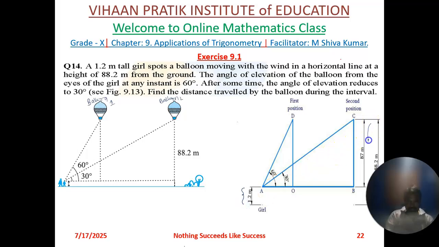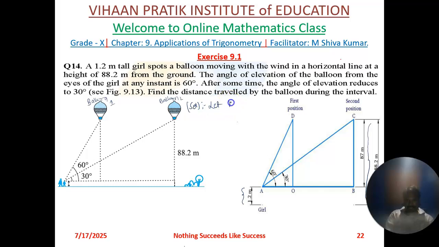The angle of elevation starts from her eye, so the horizontal line is the line the eye sees. So what we have to do is subtract 1.2 meters, the height of the girl, from the total height. Let's assume the solution.